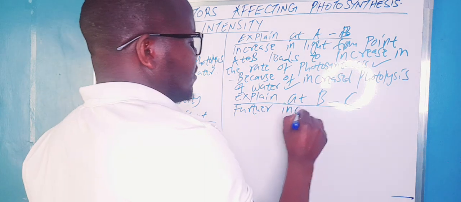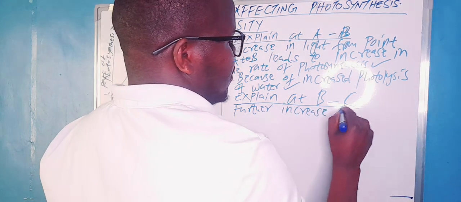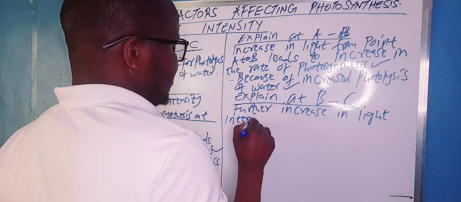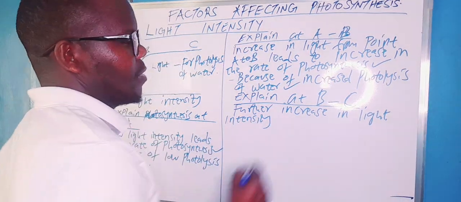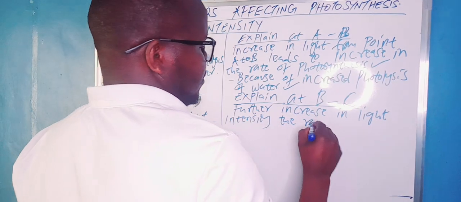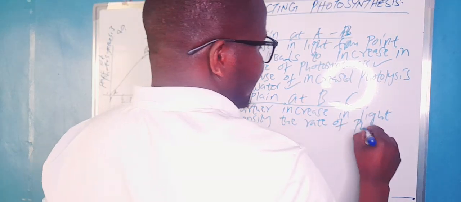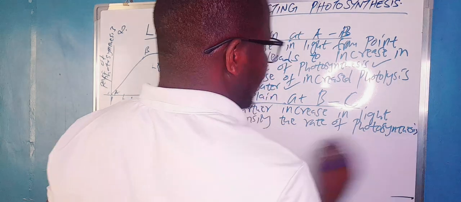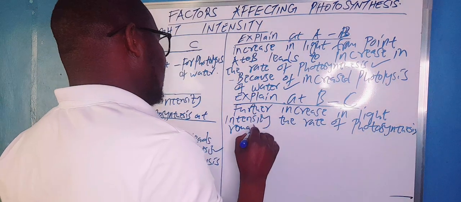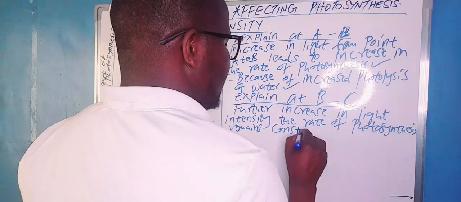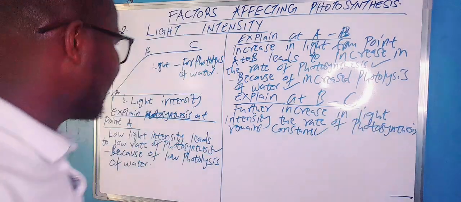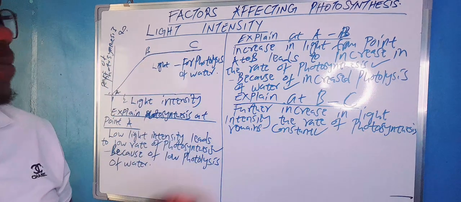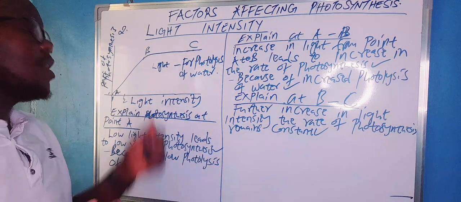Further increasing light intensity, the rate of photosynthesis remains constant. That is a free mark. It does not require an explanation. You're further increasing from point B to C, the rate of photosynthesis will remain constant.